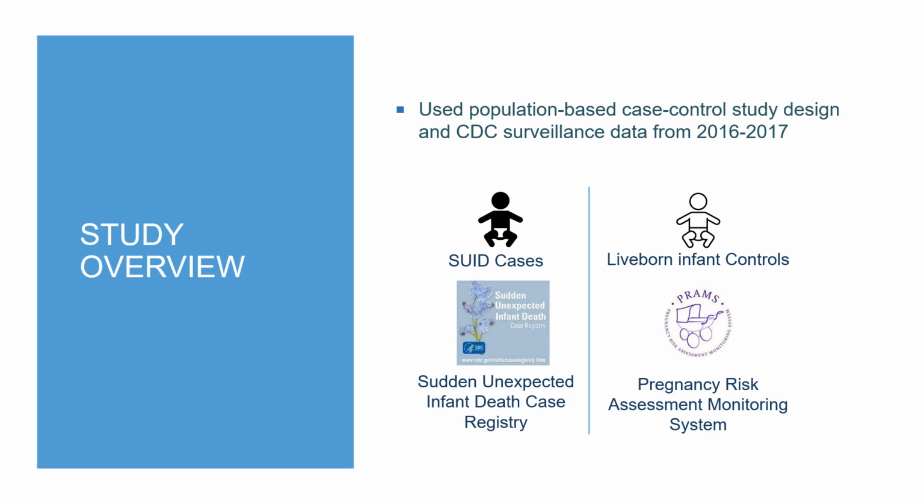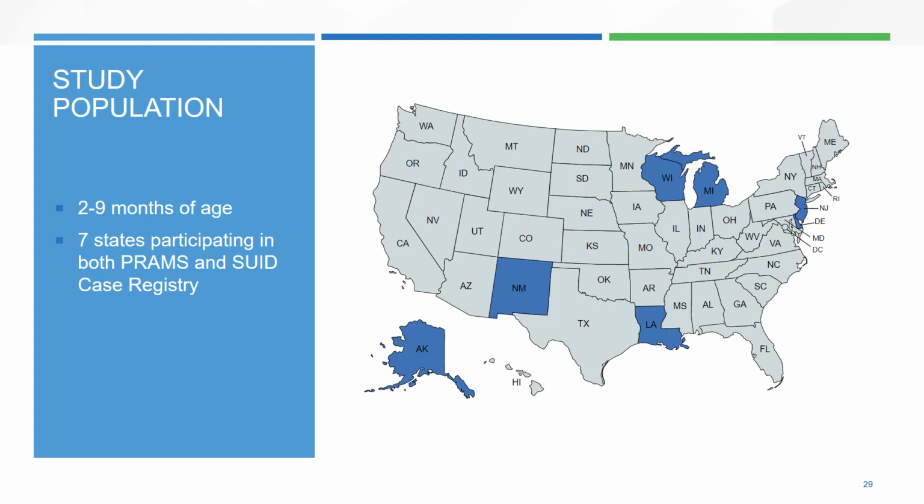The cases, again, were from the case registry, and then we had live-born infant controls from CDC's Pregnancy Risk Assessment Monitoring System, also known as PRAMS. The study population consisted of infants who resided in Alaska, Delaware, Louisiana, Michigan, New Jersey, New Mexico, and Wisconsin, which are states participating in both the SUID case registry and PRAMS.